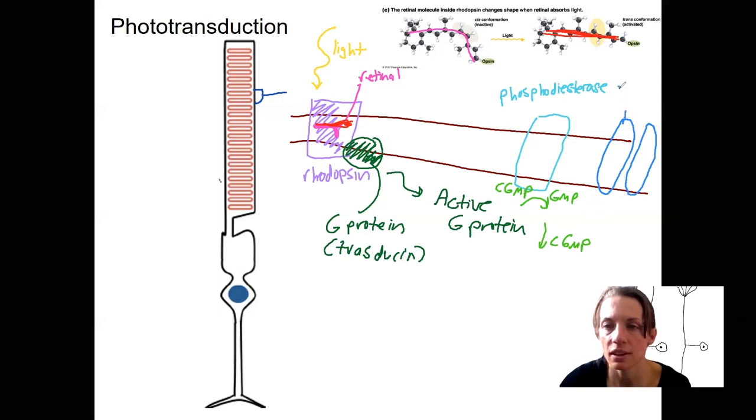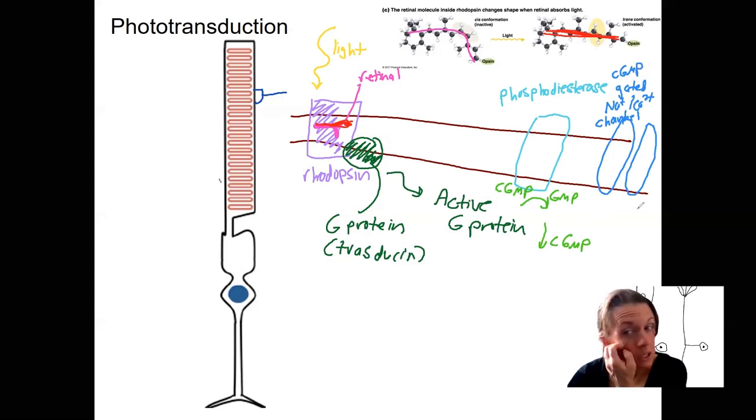This is a gated sodium and calcium channel, similar to nicotinic acetylcholine receptors, but this is gated by cGMP. So what happens when we reduce levels of cGMP? This is going to close. The channel closes, and we no longer can have sodium and calcium flowing into the cell.